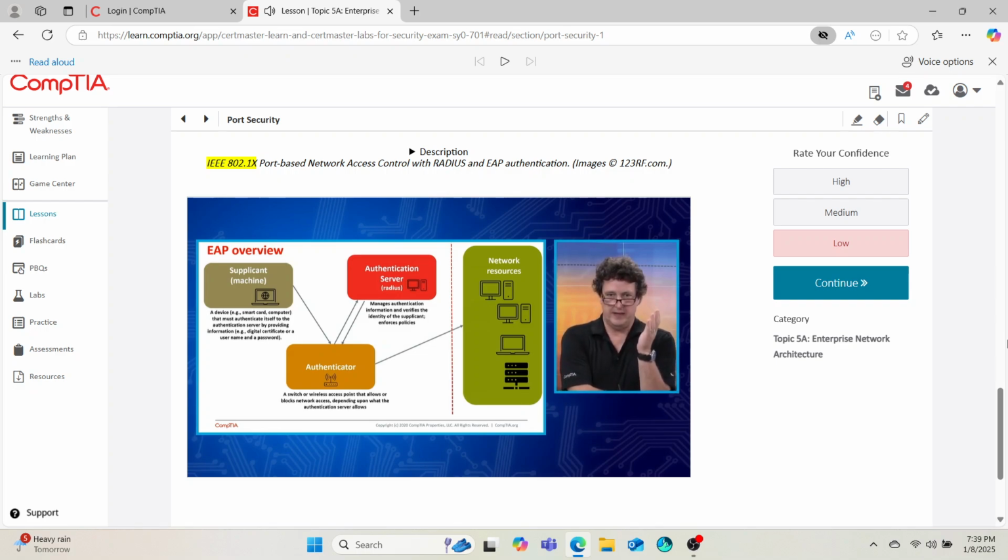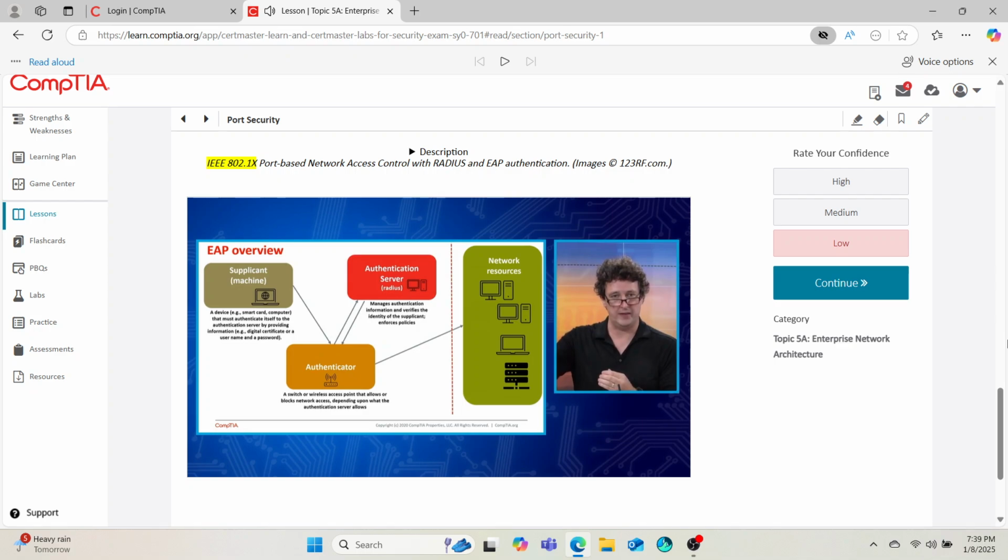And this device has to authenticate itself or else it's not allowed to get further access. And so it basically attaches to an authenticator. The authenticator could be a switch, it could be a network access point that will allow or disallow access, but it doesn't make that decision in terms of authentication itself.